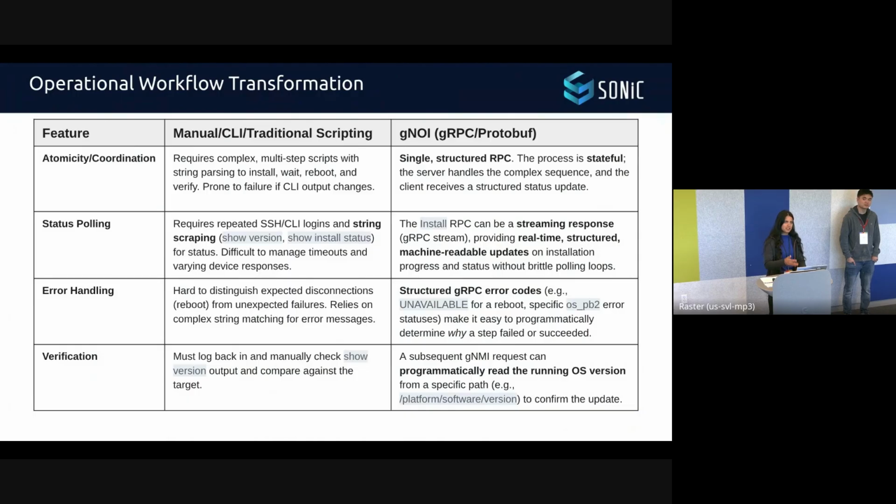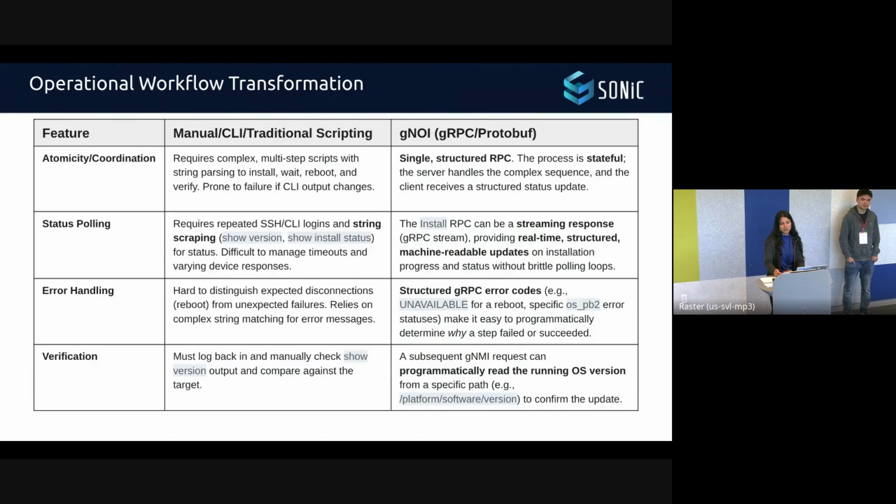In gNOI, for example with the Install RPC or the System Reboot, you have specific streaming responses for real-time, structured, machine-readable updates. Same with reboot status, where the client can use the same RPC to generate the request itself. Similarly for error handling and verification, it's hard to distinguish expected disconnections from unexpected failures in scripts.